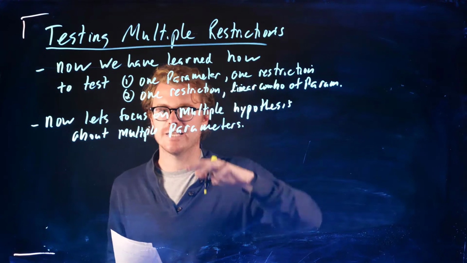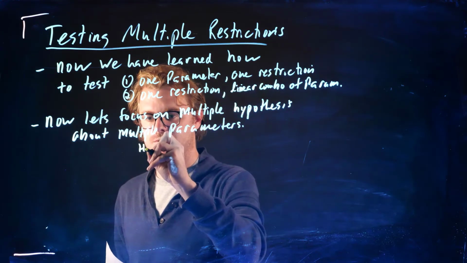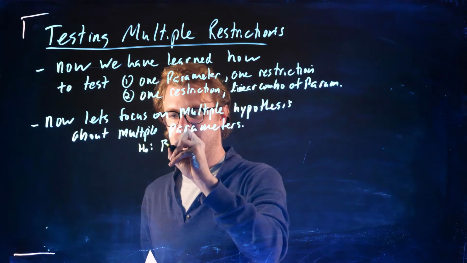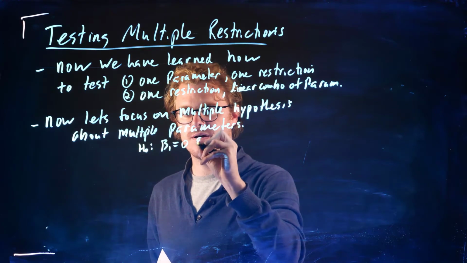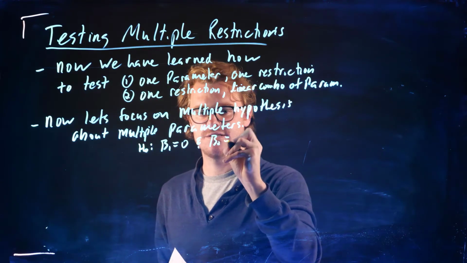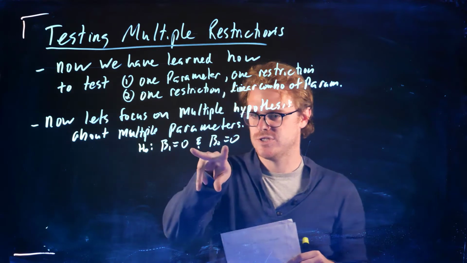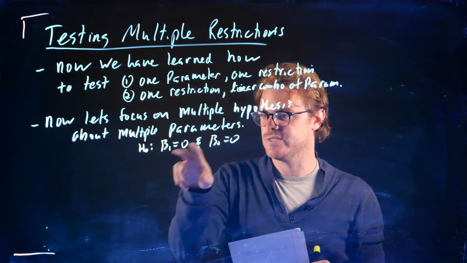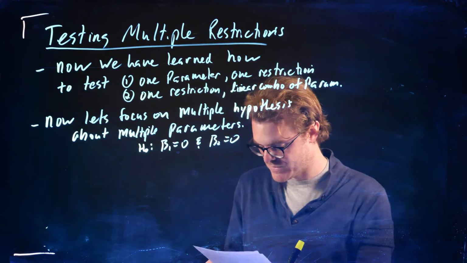Okay, so that's what we're going to learn now. So for example, we'd have a null hypothesis that was beta 1 equals 0 and beta 2 equals 0. So two equal signs, so two restrictions and two parameters. That's what I mean by that.